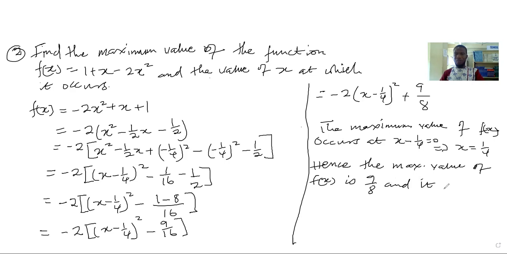And it occurs at x equals 1 over 4. All right. So this is how we find the maximum or minimum value of a function if we don't want to sketch or plot the function on a graph book before finding.